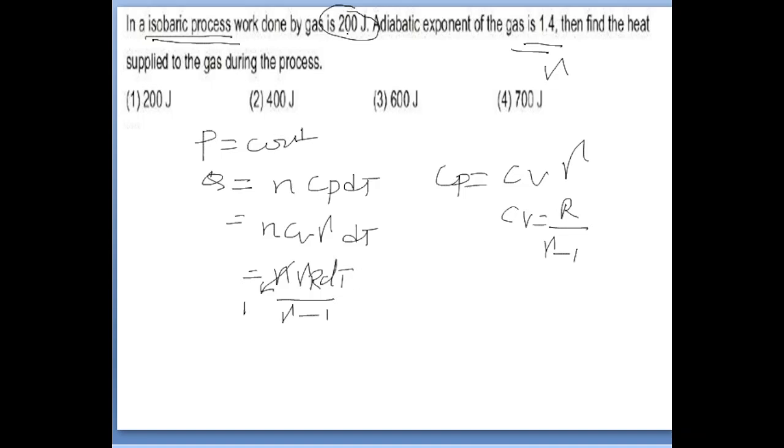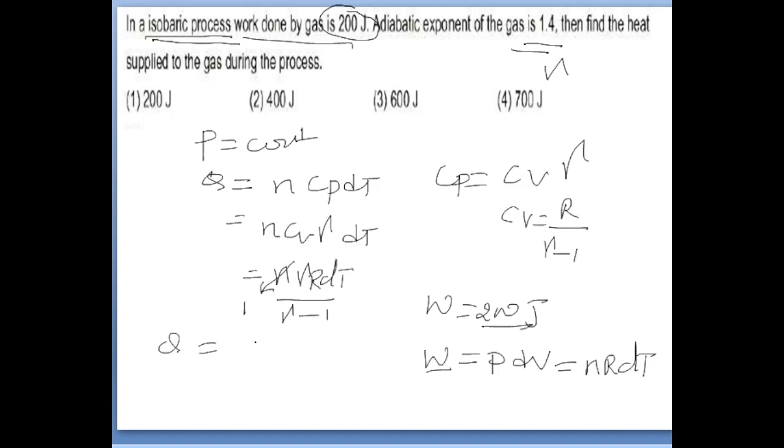But he has given the work done, 200 joules. Can I write work as P dV here? So this is nR dT also. Since I have taken n as 1, I can take nR dT as the work, which is equal to 200.